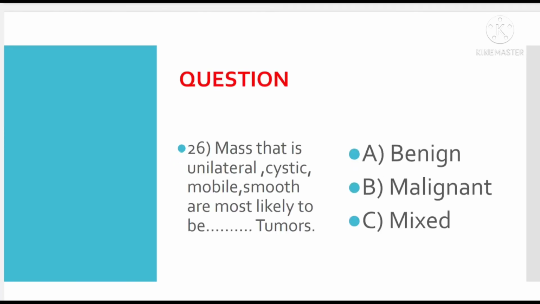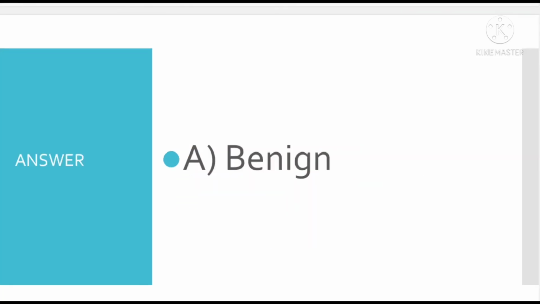Next, question number 26. A mass that is unilateral, cystic, mobile, and smooth is most likely to be a dash tumor. Option A benign, option B malignant, and option C mixed. Here the correct answer: option A, benign.